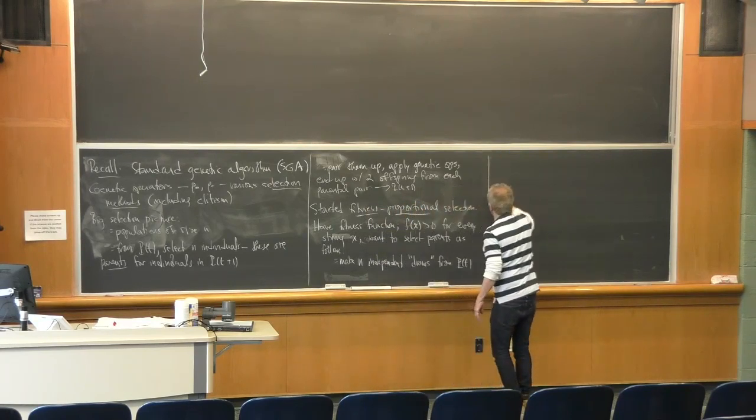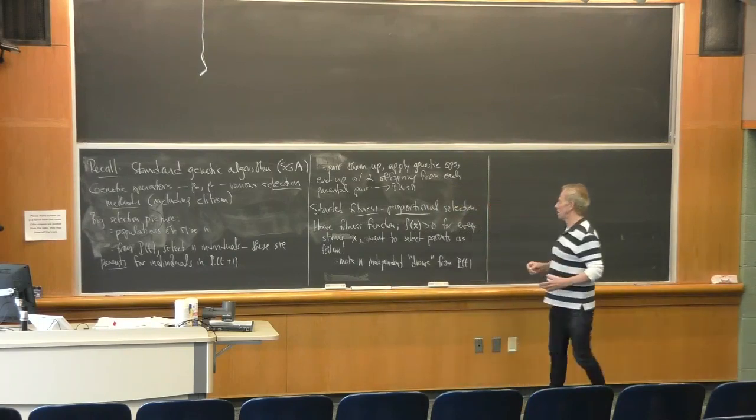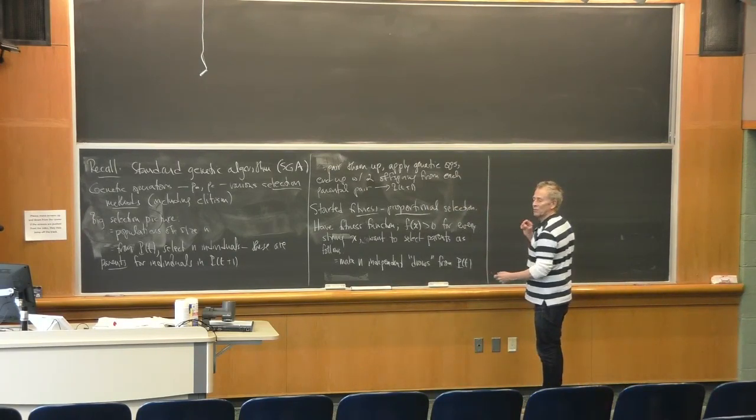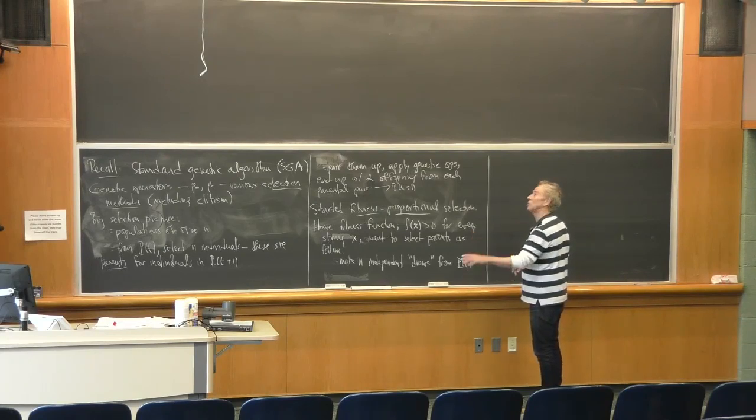And what do we mean by independent draws? Each draw, you draw somebody from P of t, and then you think of throwing them back in, and for the next parental draw, you make another draw, and so on. So you make n of these, you generate n parents that way.